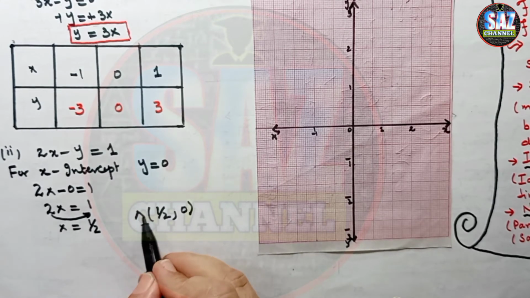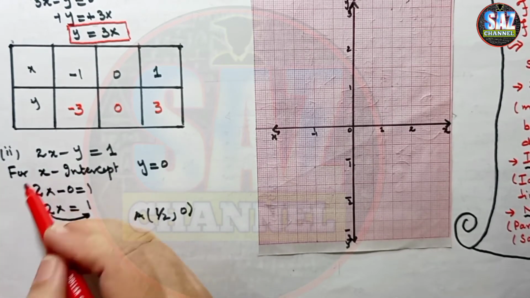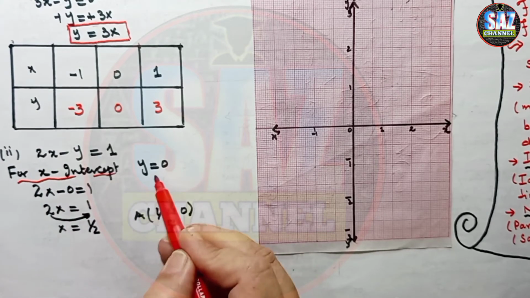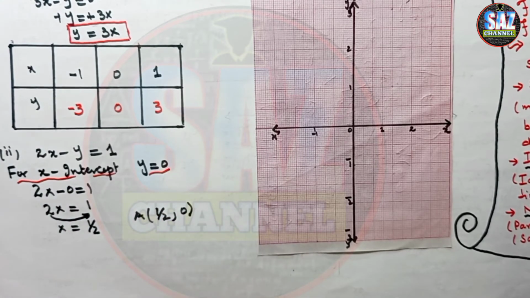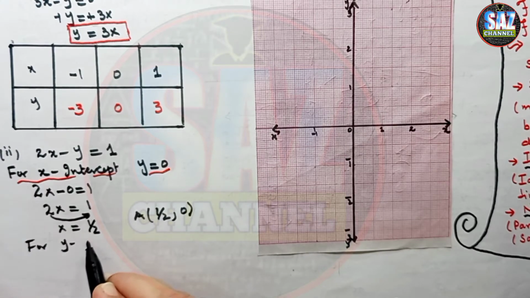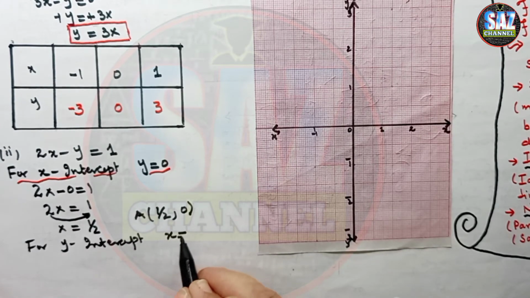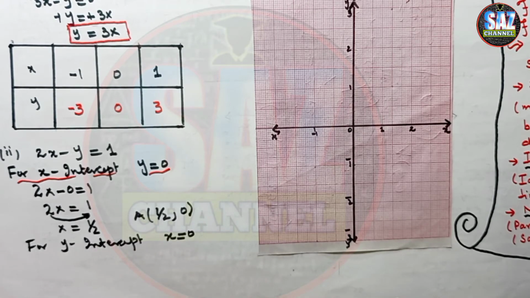Coming to the second intercept, for the x-intercept, I made my y 0. For the y-intercept, we have to put x equals 0 in the given line, and when I put x equals 0 at this place, I will have 2 into 0 minus y equals 1.